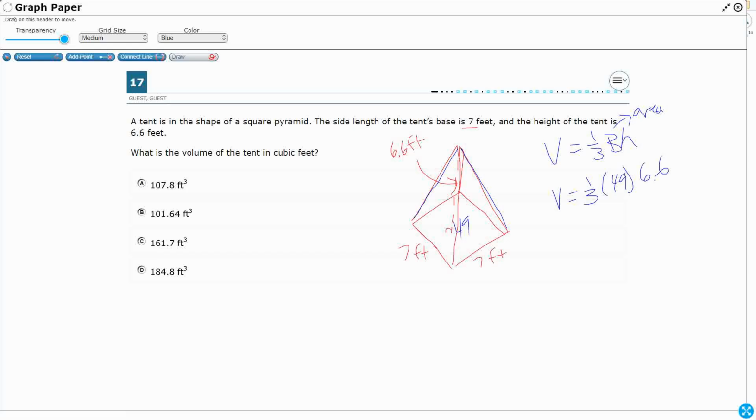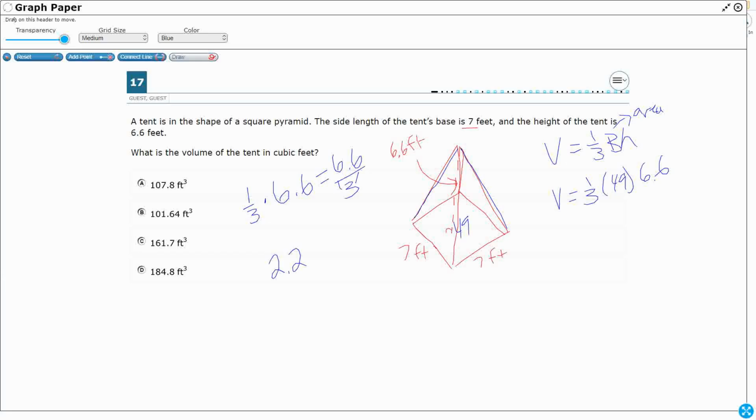That's going to be a little bit of calculation here, but I want to go ahead and do this 1/3 times this 6.6, because that's basically the same as taking your 6.6 and dividing it by 3. Look how easily that goes in. That's going to be 2.2.